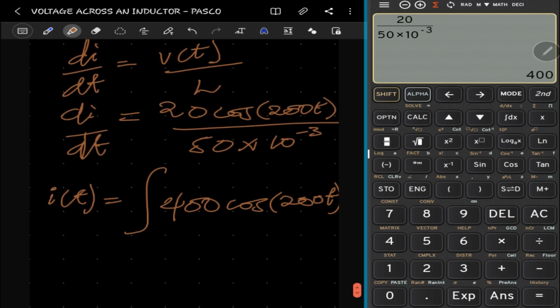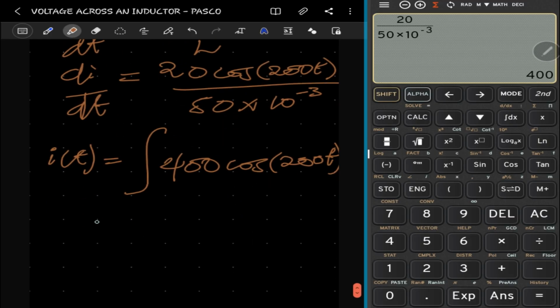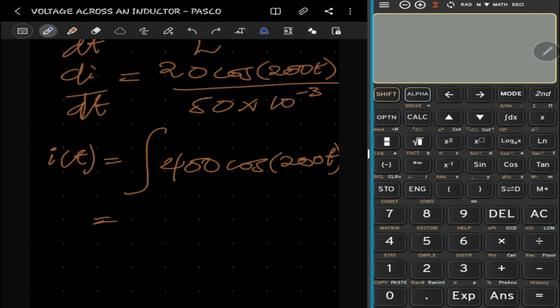Now for us to find the current, when we integrate this, what we get is 2. It depends whether you are doing it step by step or, if you have to choose from options, you can do this integration directly, right?